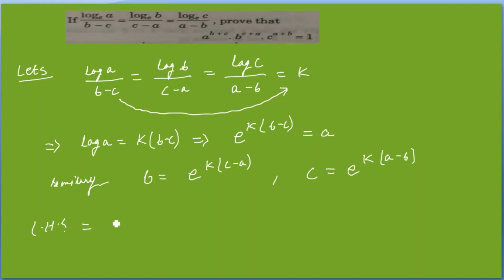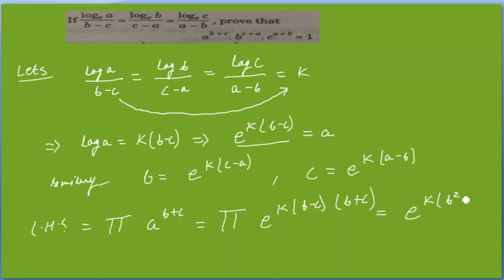Now our question: LHS equal to the product, it is also in cyclic form, so we can use this symbol, of a to the power b plus c, and a is equal to e to the power k into b minus c. So e to the power k into b minus c into b plus c is equal to e to the power k into b square minus c square.